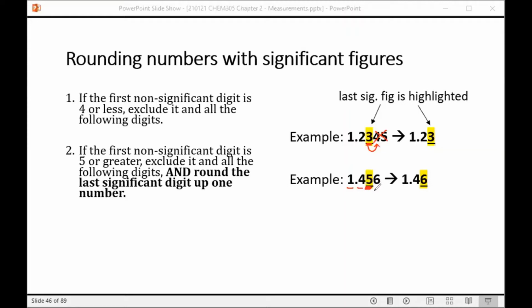So we're going to be cutting it off at the 5, in the hundredths place. You look to the right. To the right of that is the 6. So the first non-significant digit is the 6, and it's greater than or equal to 5. So we're going to round this 5 up to a 6. So you get 1.46, and then all the other digits get cut off because we want our final answer to just have 3 sig figs.